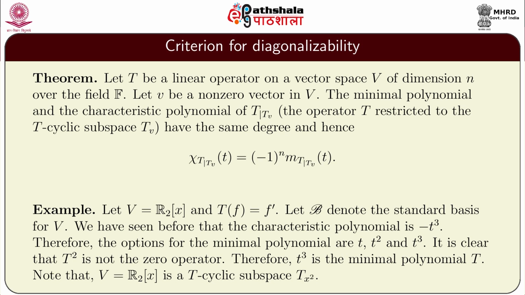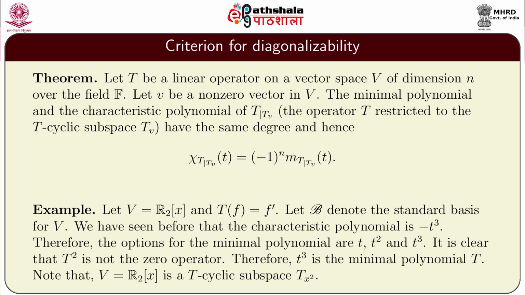We also know that the operator T satisfies the minimal polynomial. Therefore, if t square is the minimal polynomial, then capital T square, that is the minimal polynomial evaluated at the operator T, must be the 0 operator. But we know that this particular operator, which is T of f is equal to f dash, does not satisfy T square equal to 0.